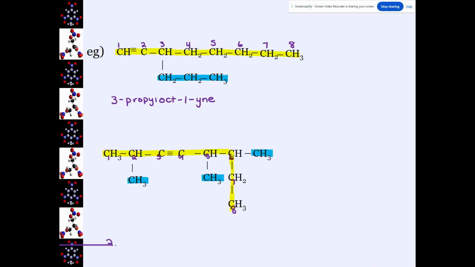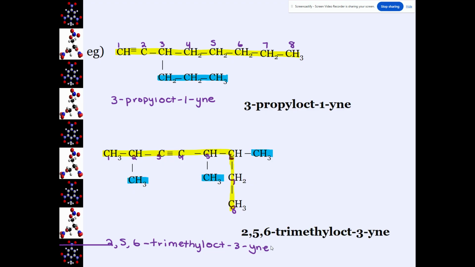So this is 2, 5, 6-trimethyl. We put the methyls together. Oct-3-yne. Put up our answers, make sure we're right. 3-propyloct-1-yne, 2,5,6-trimethyloct-3-yne. Perfect. Okay, so that is it for naming your alkynes.